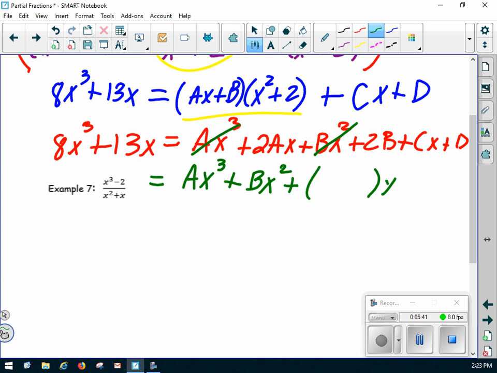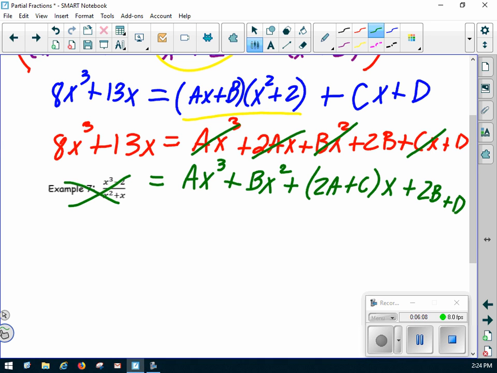If we factor out an x, that'll be 2a plus c. Yep, plus 2b plus d. Okay, so we don't see this right now.